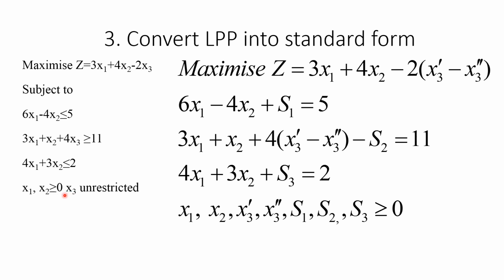The third is again less than equal to type, so we add a variable over here, and at the end we are saying that all values x1, x2, x3 dash, x3 double dash, s1, s2, s3 all are positive. Okay, x3 is unrestricted, all other variables which we introduce here are positive values.